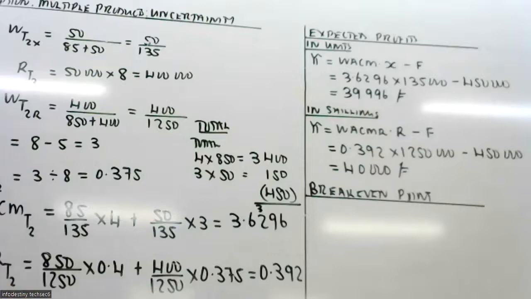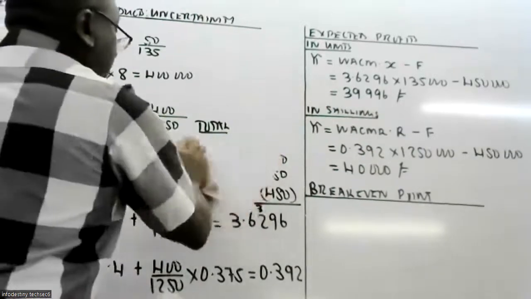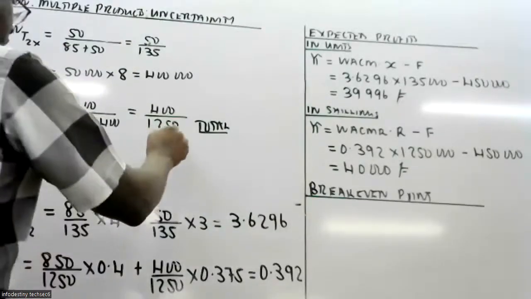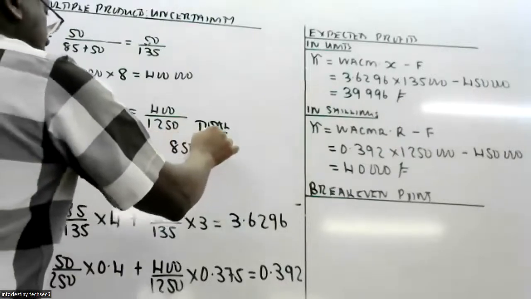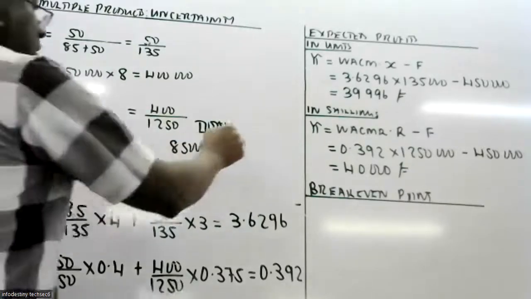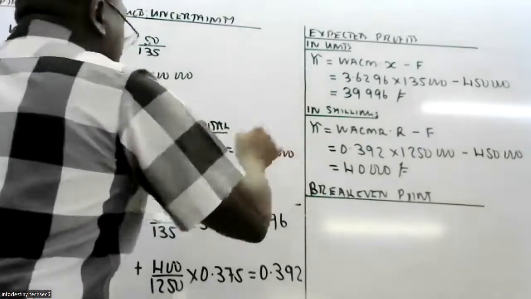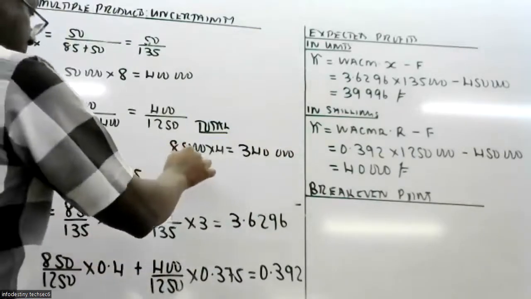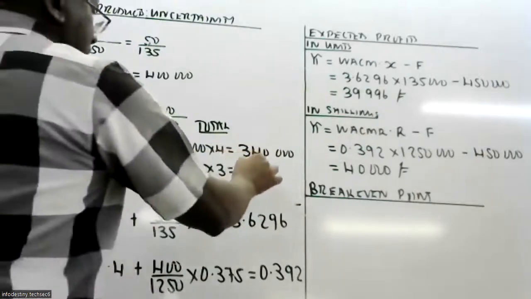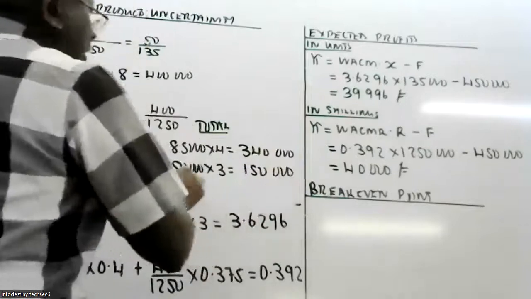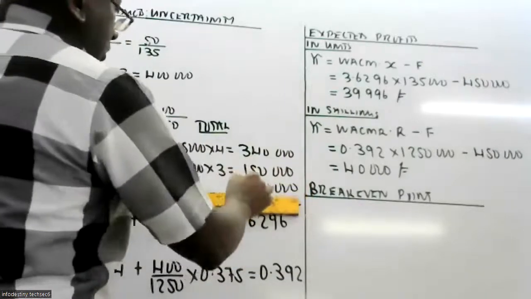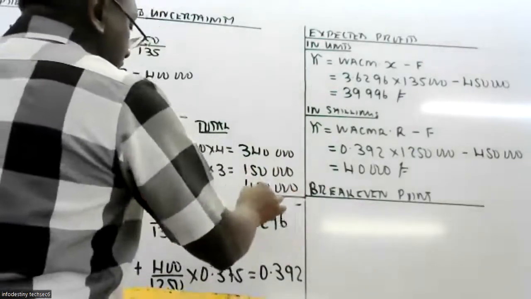Let me say the total contribution: it is 85,000 times 4, which is 340,000. This other one is 50,000 times 3, 150,000. Then let's see a fixed cost of 450,000. I return to 40,000.